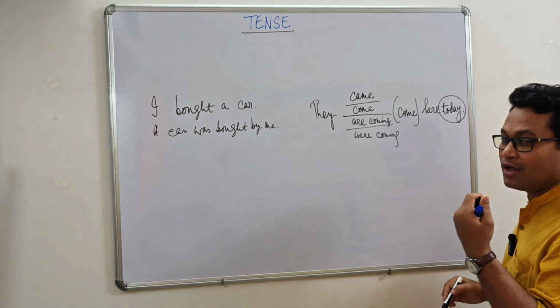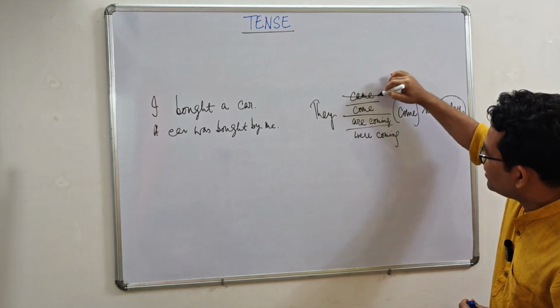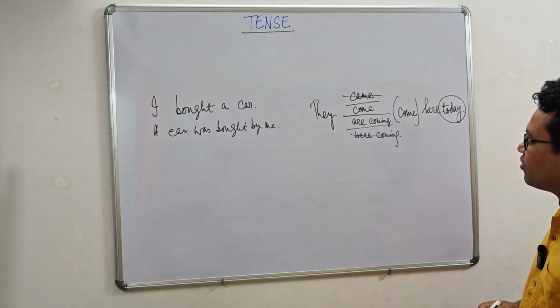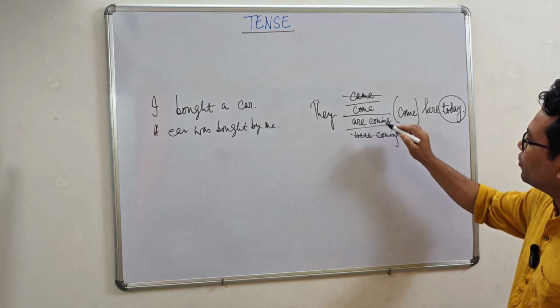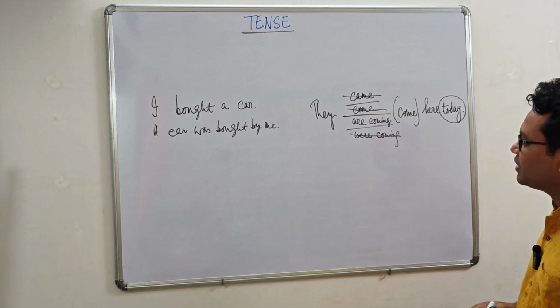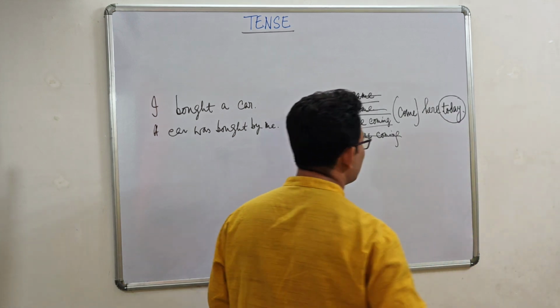So here we have to have the correct option. Came is automatically opted out. Were coming again opted out. Come is again not suitable. So the one option left, are coming. The correct version is: they are coming here today.